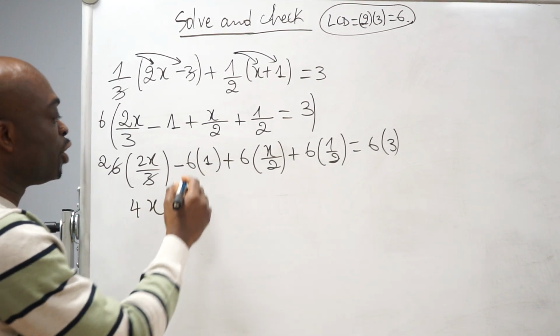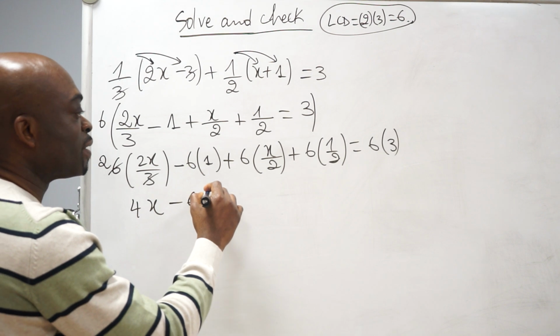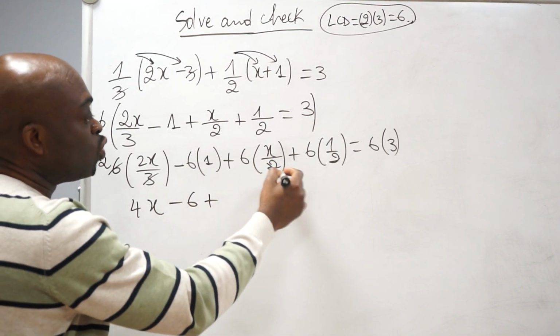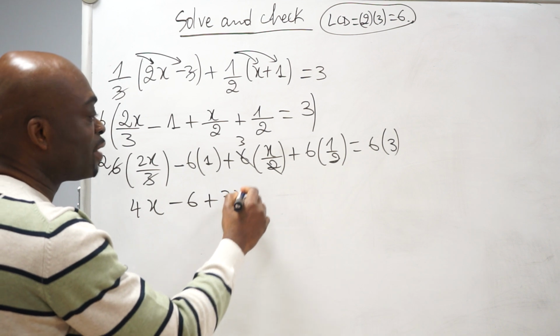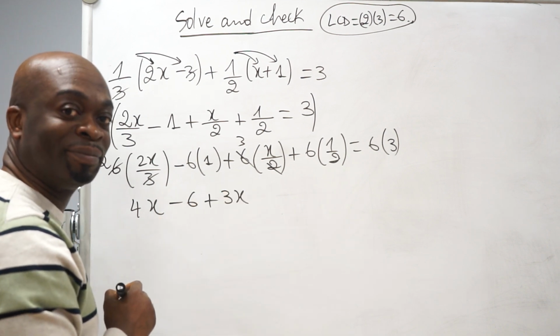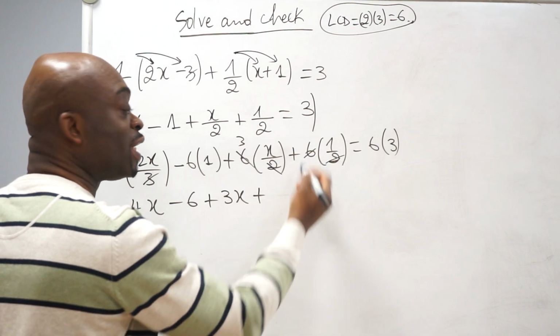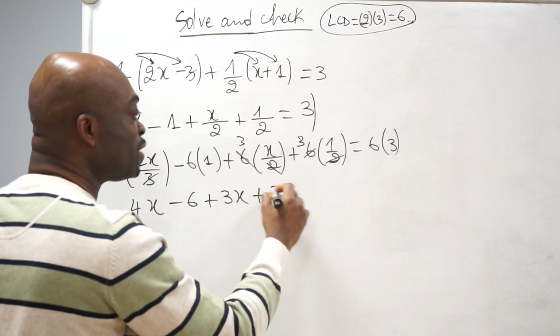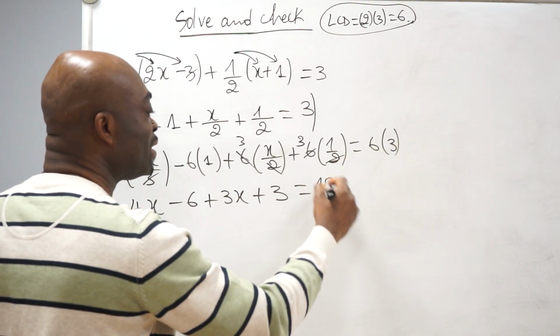All right? Then you go 6 times 1 is 6 plus. So here also 2 goes into 6 3 times. And then 3 times x is 3x. Are you with me? All right? And then plus 2 goes into 6 3 times. And 3 times 1 is 3. And then you end up with 6 times 3, which is 18.